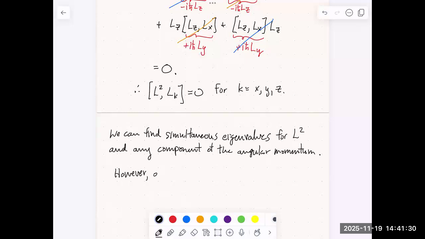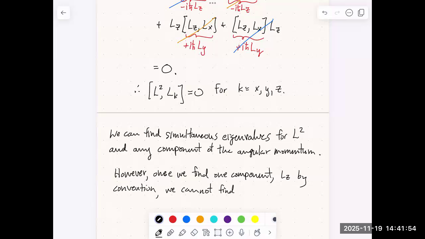However, once we find one component, which is going to be Lz by convention, we cannot find Lx and Ly because of the star, which is those commutator relations.